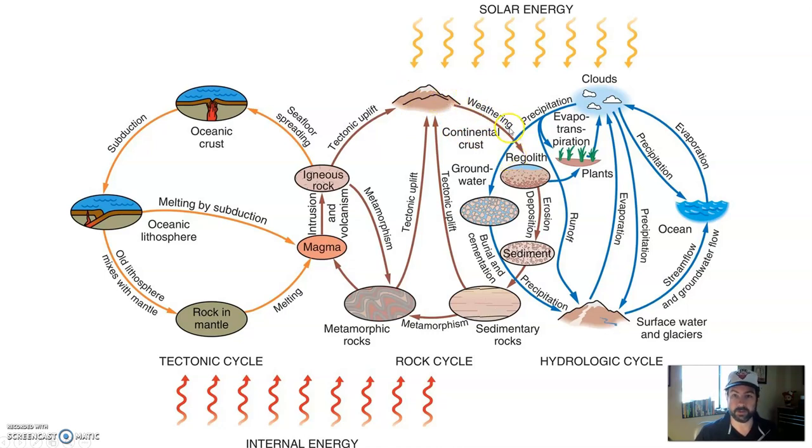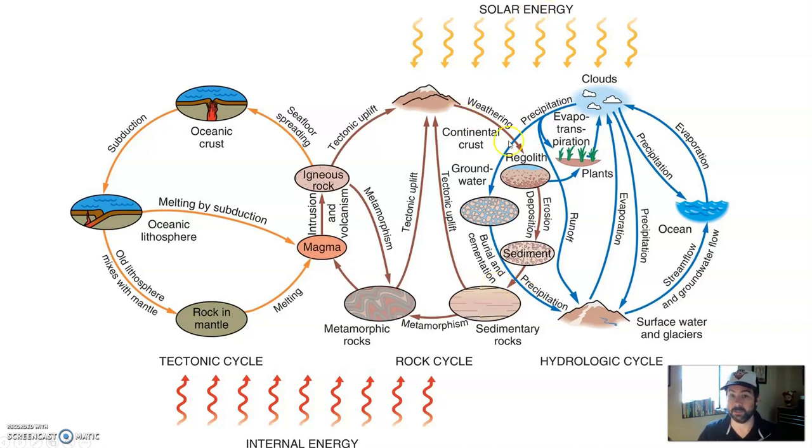Weathering occurs due to the interaction of solar energy and water, the water cycle. These weather processes break rocks down into sediment, and then with a little bit of heat, pressure, and cementation, you get sedimentary rocks.